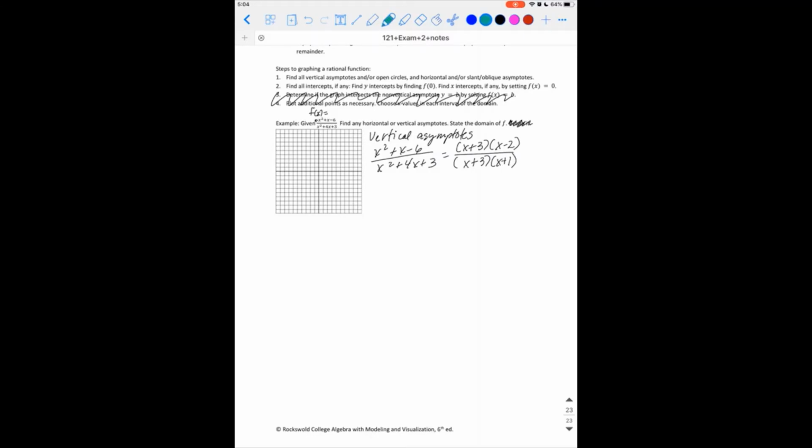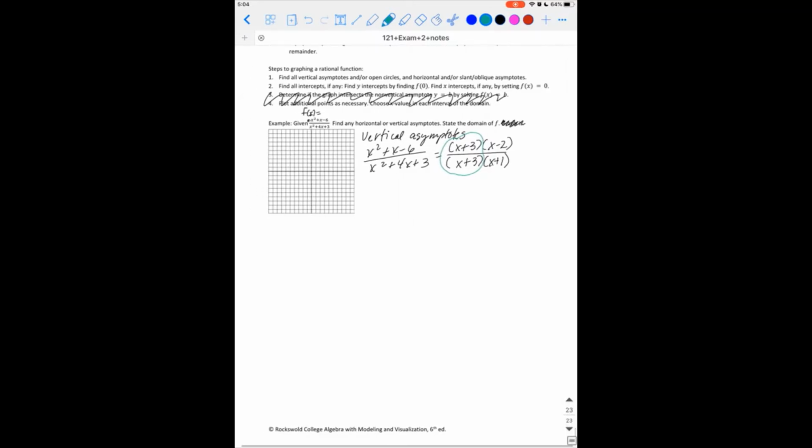So if you notice, these two factors are the same. So I'm going to put it here, since x plus 3 is a factor of both the numerator and denominator.